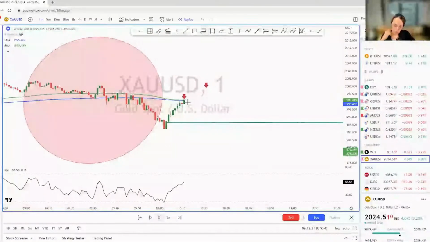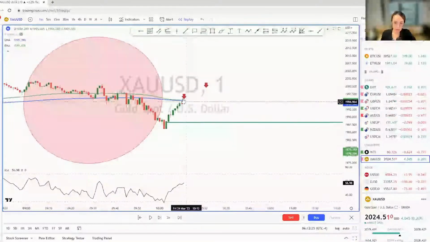I will put a sell here. You see, when it hits EMA 100 and 200 in M1, I will place the sell here. Where I'm going to take my profit is going to be here.